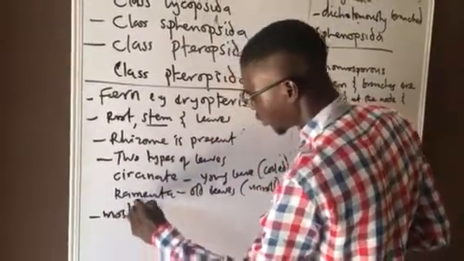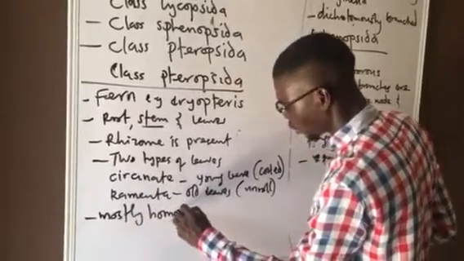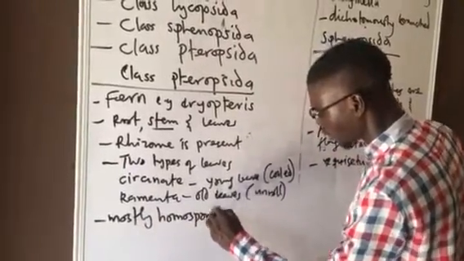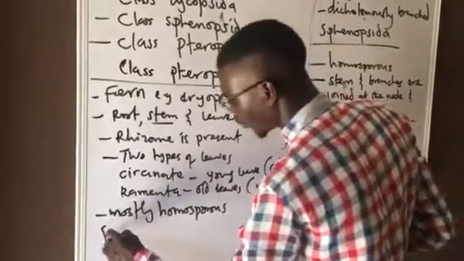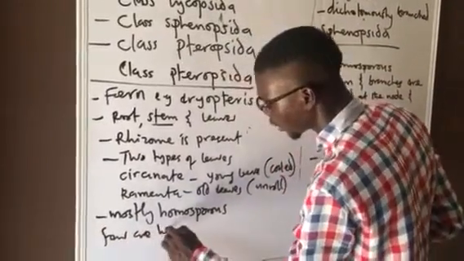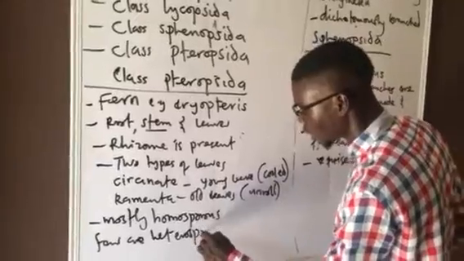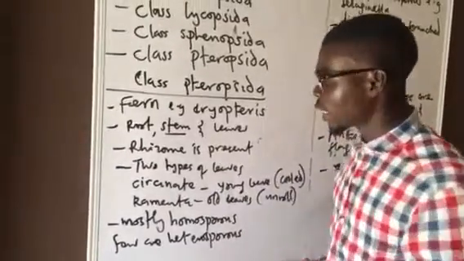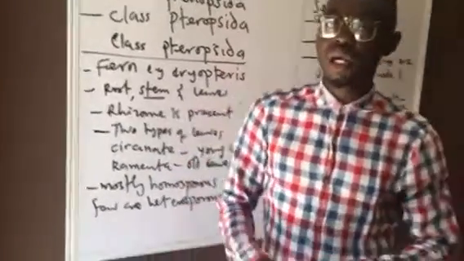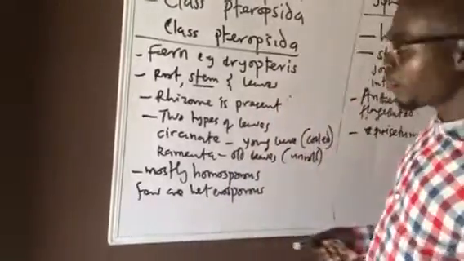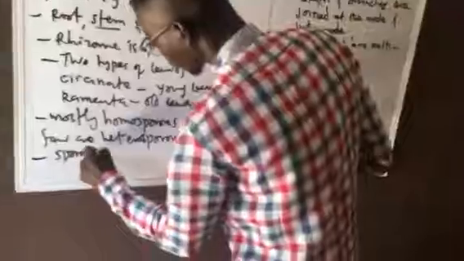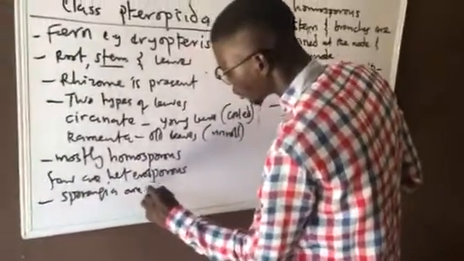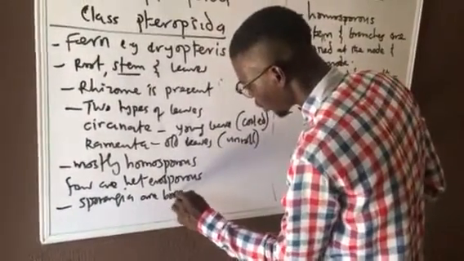So we also have some pteridophytes that are mostly homosporous, like Dryopteris, and a few are heterosporous. So these are the characteristics. They also bear sporangia. Their sporangia are borne on the leaves.